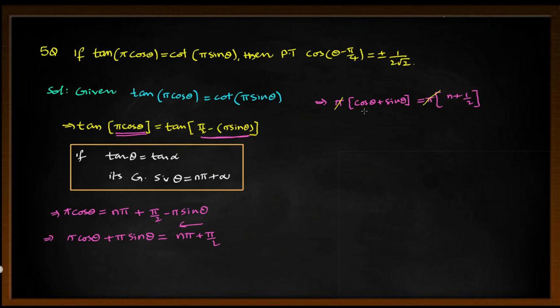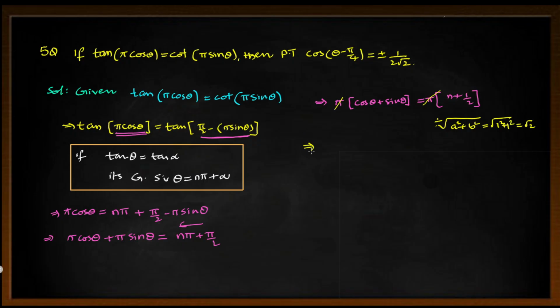Now we have to compare this with a cos θ plus b sin θ equals c. So a equals 1 and b equals 1. Now rule 1, method 1: if the given question is in the form of a cos θ plus b sin θ, we have to divide the whole equation by root of a square plus b square. That is, root of 1 square plus 1 square is root 2.